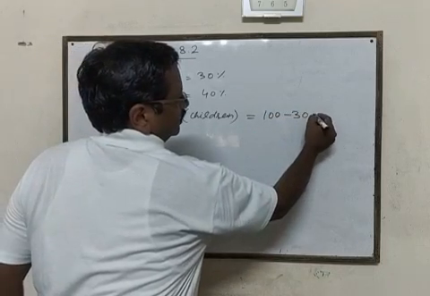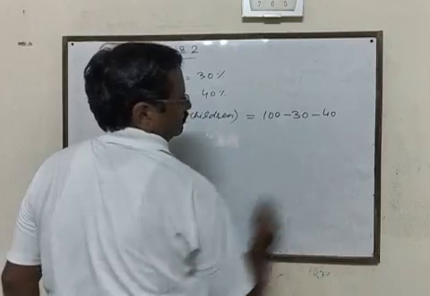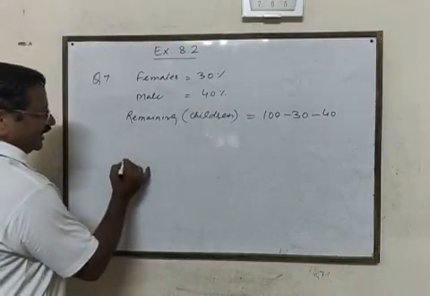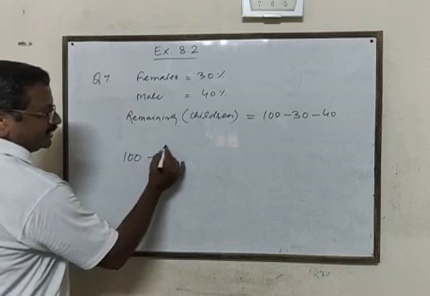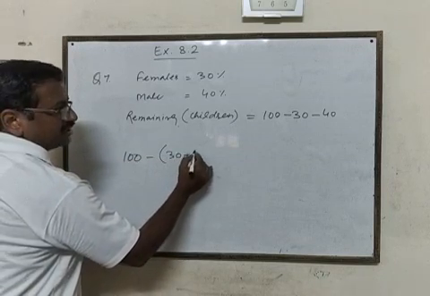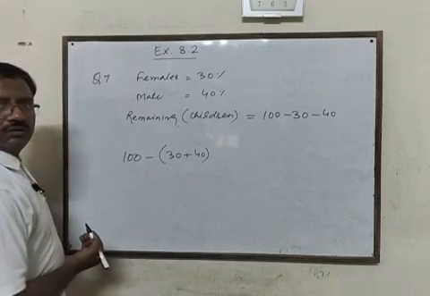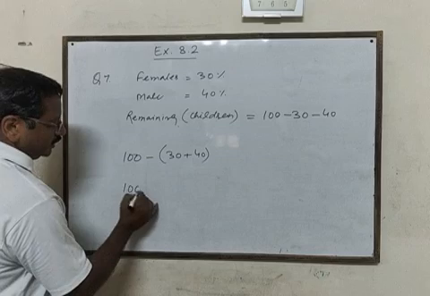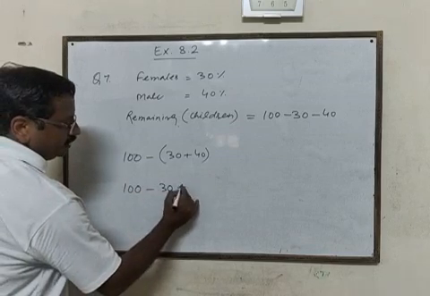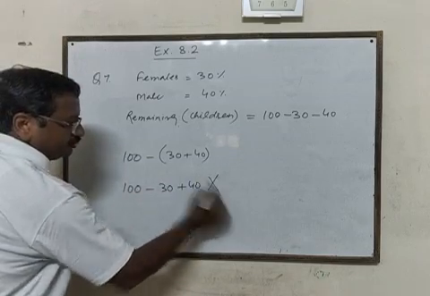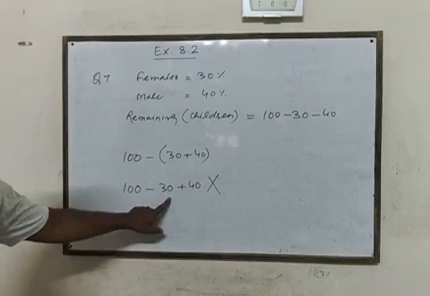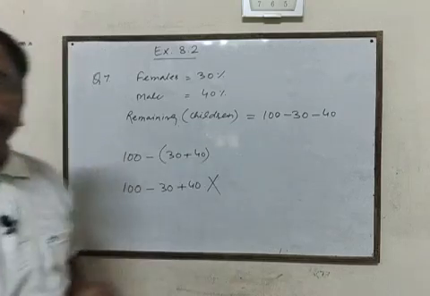30 minus 40. Either you will write in this way or you will write 100 minus 30 plus 40, or you will write in this way. Writing in this way is wrong. 100 minus 30 plus 40, this is wrong. Remember the difference between this and this.